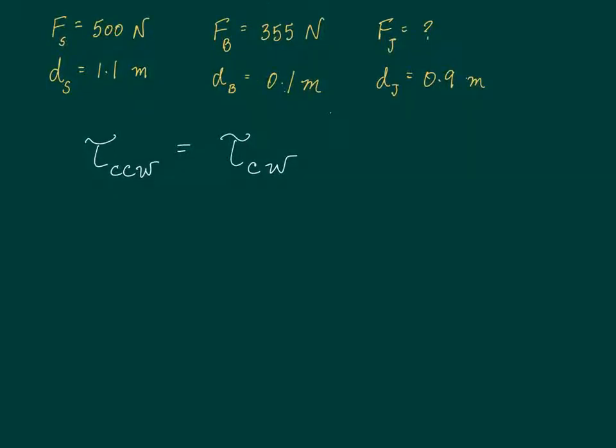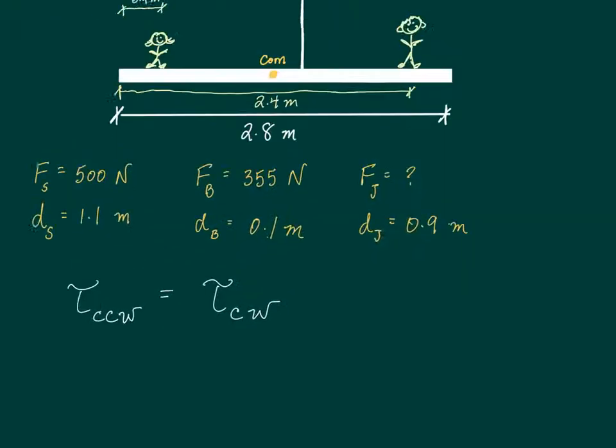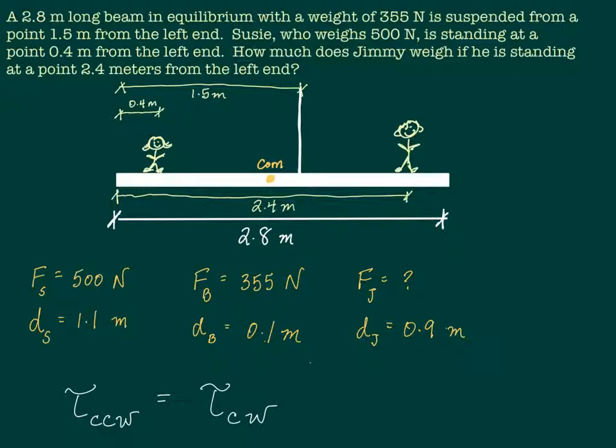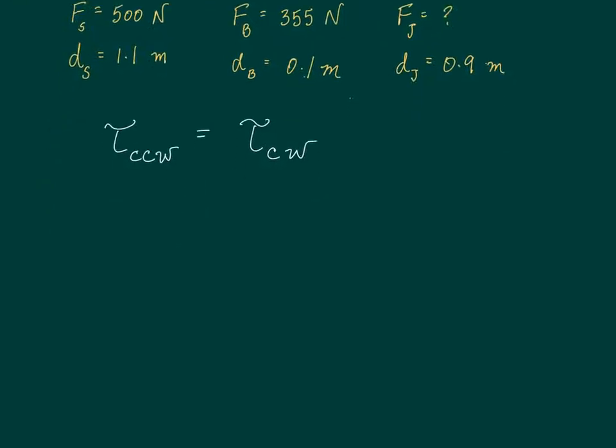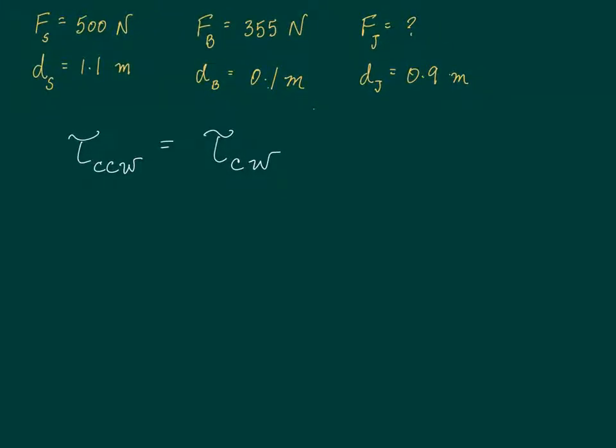Okay, so what do we have on our left side that we have to focus on? Our counterclockwise torques. Well, we have to focus on Susie, and we have to focus on our force due to gravity at our center of mass. Okay, on our right side, all we have to worry about is Jimmy, and our right side is going to give us what his weight or his force due to gravity actually is. So let's plug in this known information that we have here.